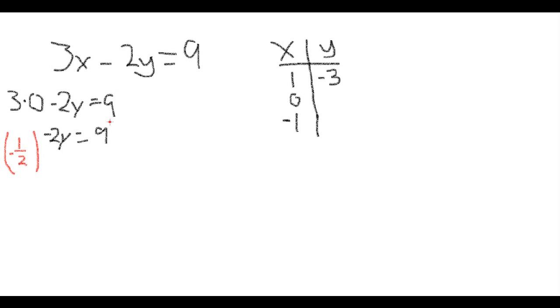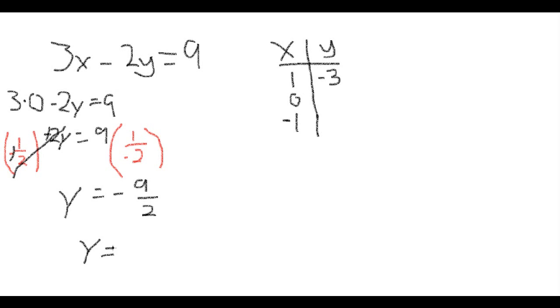We have to do the same thing, and this time what I'm going to do is multiply by negative 1/2 to get rid of the negative at one time. Times negative 1/2. What happens here is the minuses drop out, and the 2's drop out. Now we're left with y equals negative 9/2.